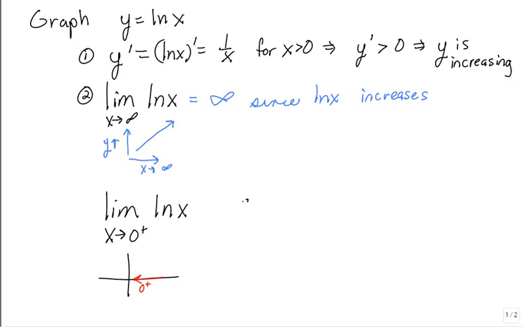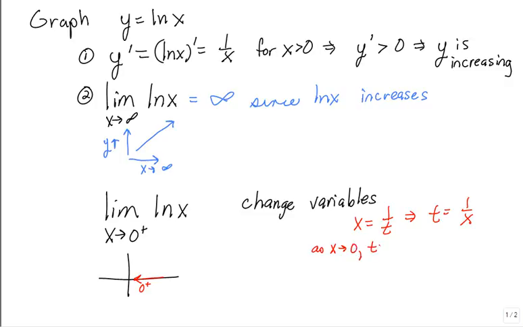All right, we're going to change variables. So we're going to say x is 1 over t, and that means t is 1 over x, and as x goes to 0, that means t goes to infinity.